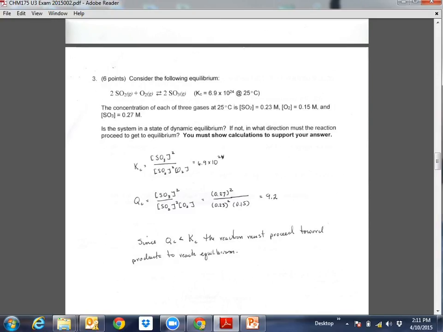The equilibrium constant expression is right here, and we can turn that into the reaction quotient, plug in our molar concentrations of everything, and we get a Qc, reaction quotient, of 9.2, which is clearly less than 6.9. Since that's the case, it's not at equilibrium, and it needs to go to the right, or form more products, to reach equilibrium.